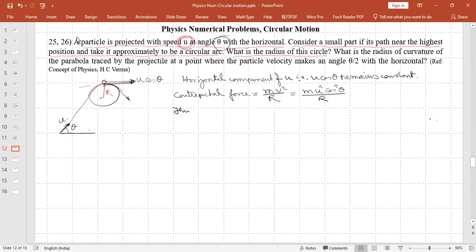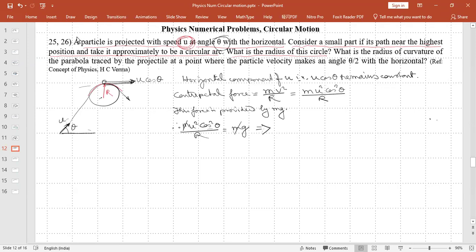This force is provided by mg, because there is nobody else around this projectile to provide a downward force. Therefore, m u square cos square theta by R is equal to mg. m gets cancelled.